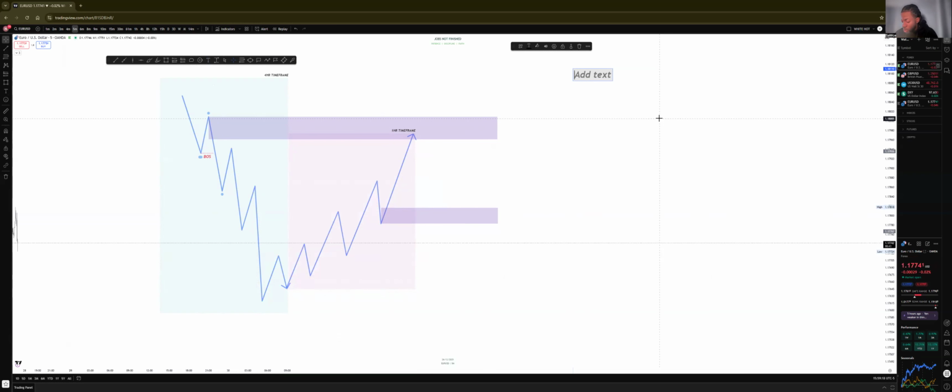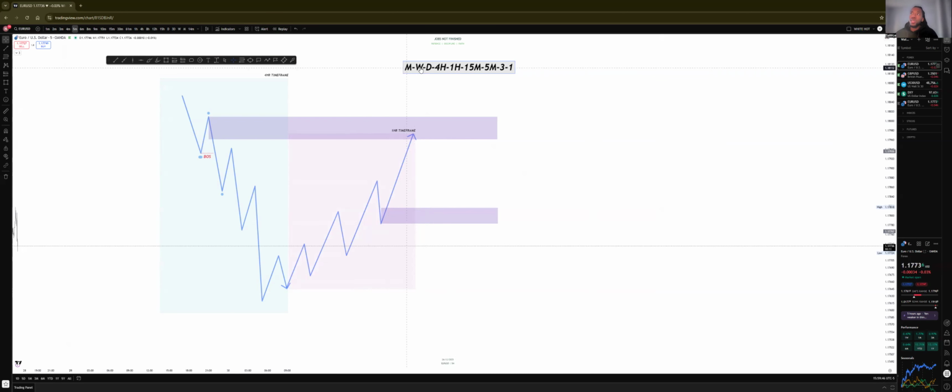Obviously your monthly, your weekly, your daily, your 4 hour, your 1 hour, your 15 minutes, your 5, 3, and 1 minute. Those are all the time frames that you need right here. These are the time frames you start with.